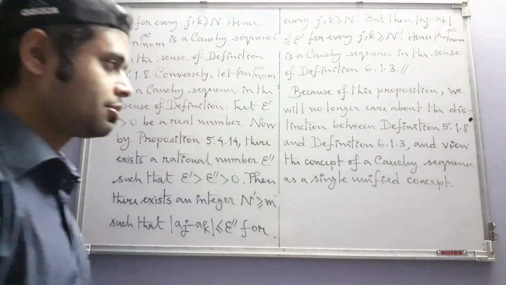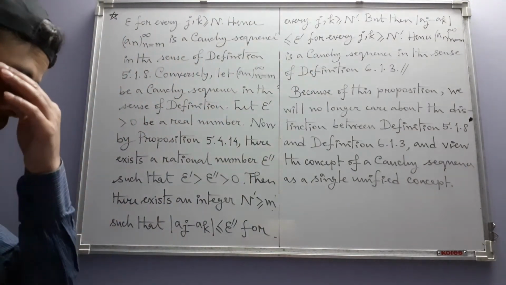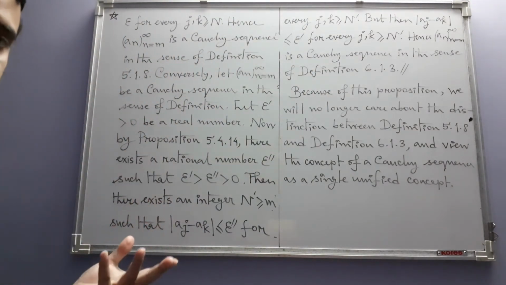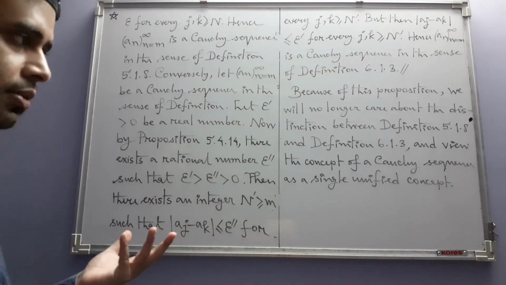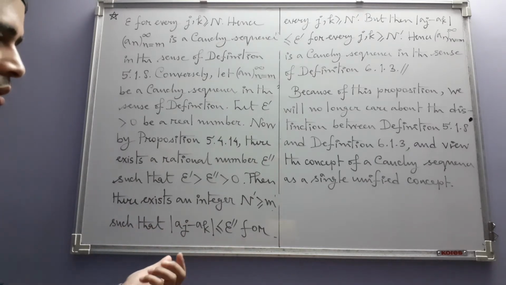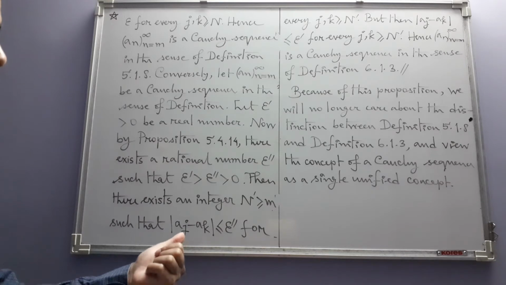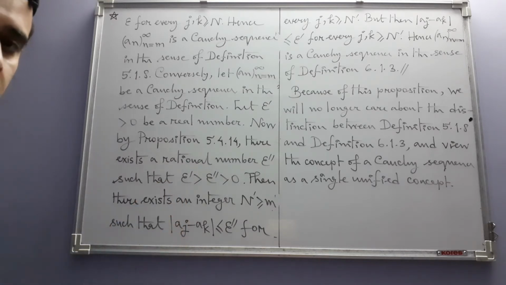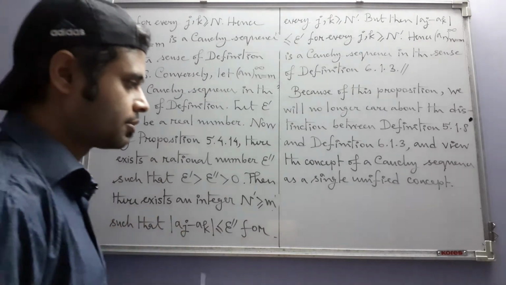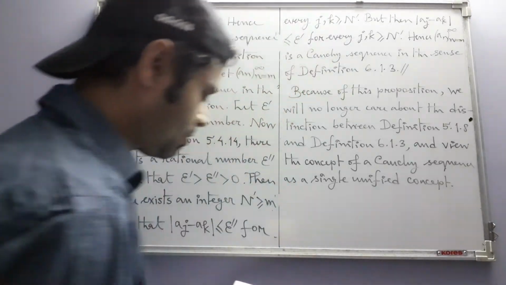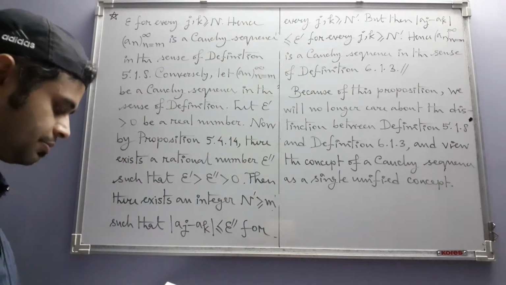So this also shows one more thing. At least when we are dealing with sequences of rational numbers, if you want, you can choose the epsilon to be rational instead of choosing real. There will be no difference ultimately. The Cauchiness of the sequence will not change.